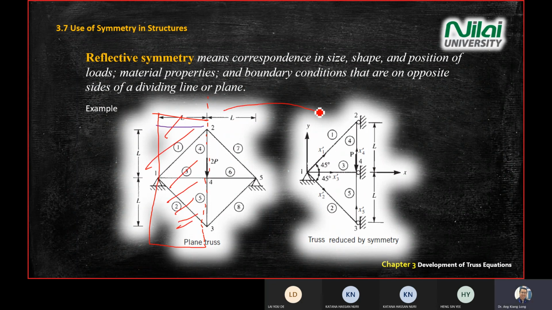Then you transfer into a free body diagram like this. The only thing you need to be careful about when you transfer is the force. The force will become half because you cut into half. And when you do the analysis, you will still get the same answer for displacement and the stress inside the structure.